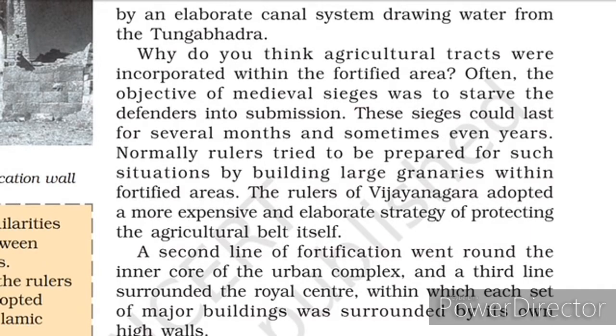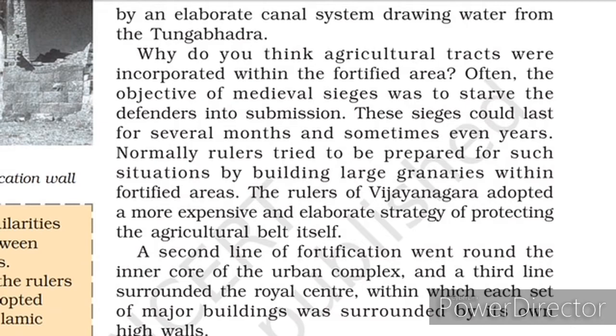It means to capture. When an empire is attacked by another kingdom or another empire, their main aim was to deprive the defenders of food and force them into surrender, because there will be no food.